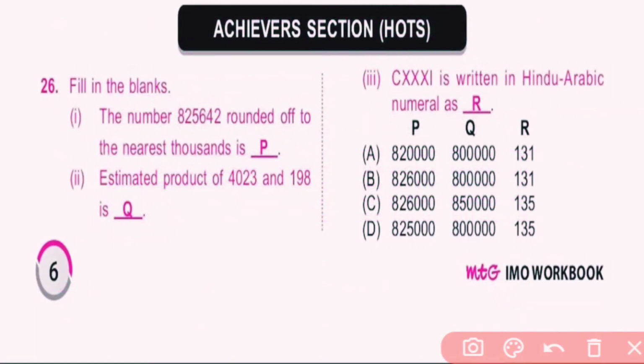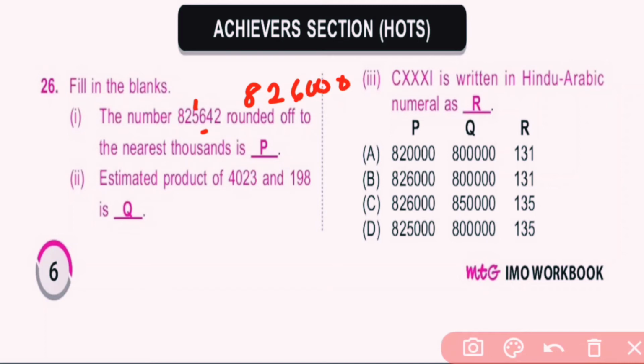Question number 26, fill in the blanks. Number 1, the number 8,25,642 rounded off to the nearest thousand is. For the nearest thousand we have to check the hundreds place. The hundreds place is 6, which is more than 5. So we add 1 in the thousands place and the remaining places become 0. So the answer is 8,26,000, an estimated figure.